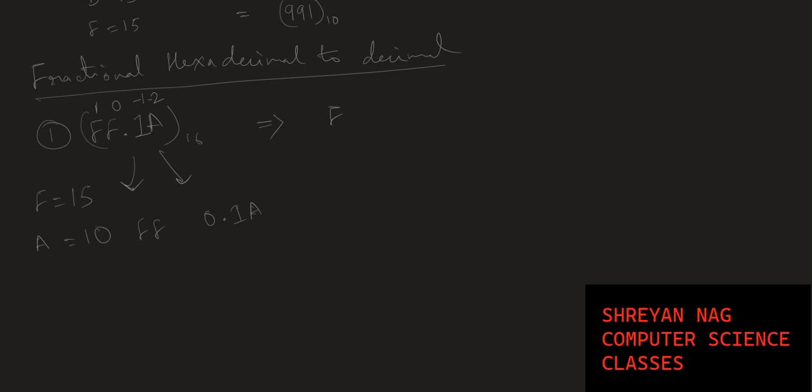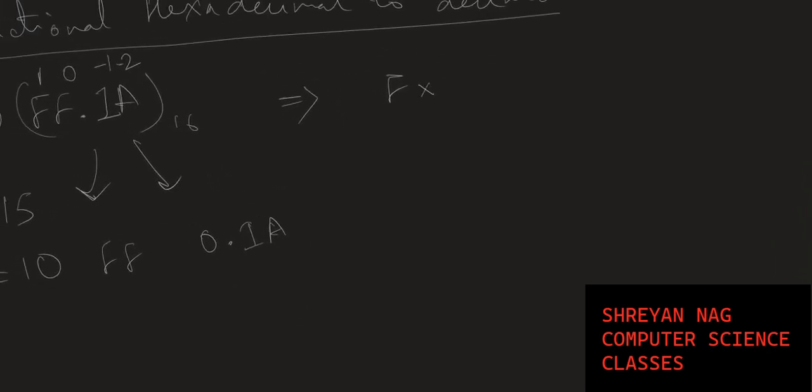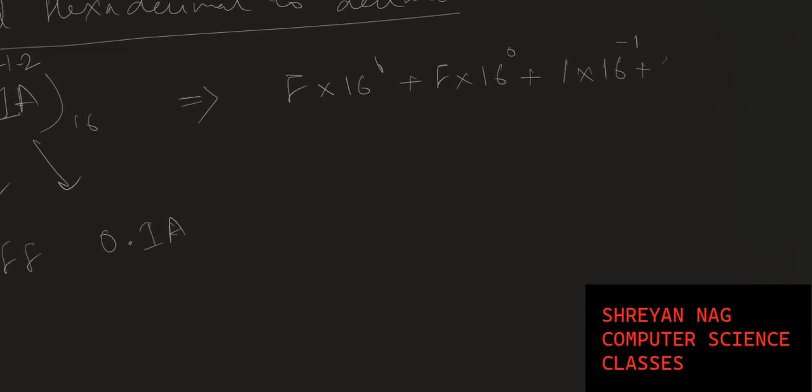So F into 16 to the power of 1, plus F into 16 to the power of 0, plus 1 into 16 to the power of minus 1, plus A, which is 10, into 16 to the power of minus 2.